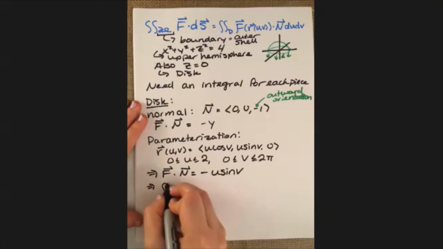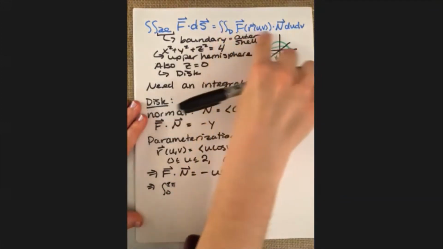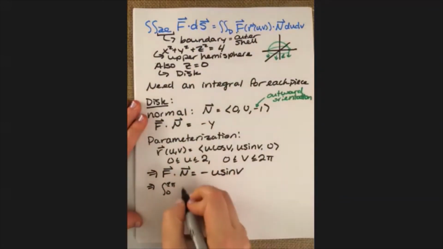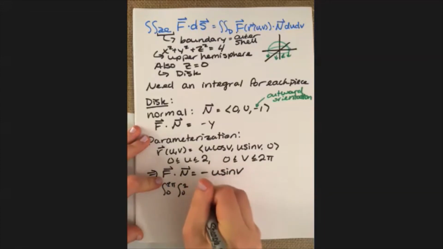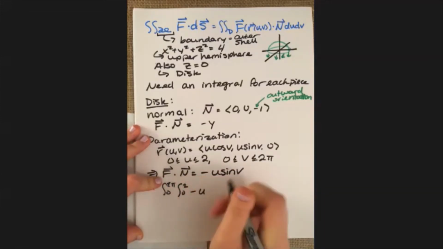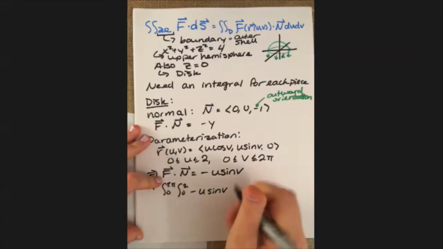We have our integral from 0 to 2 pi. This is using this equation right here. Integral from 0 to 2 pi, integral from 0 to 2. We already computed f dot n and found that to be negative u sine of v du dv.